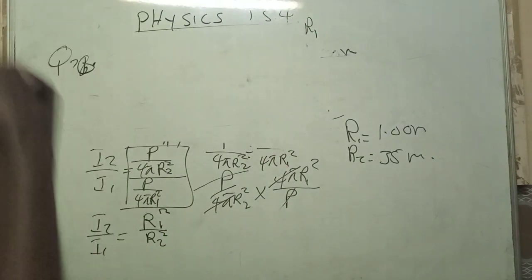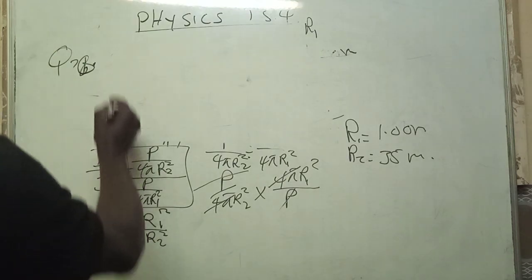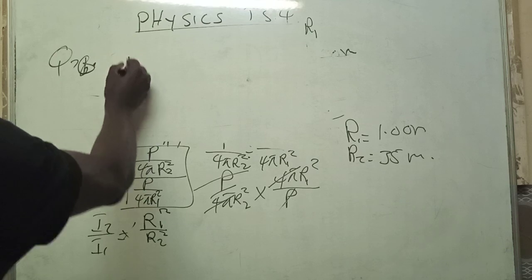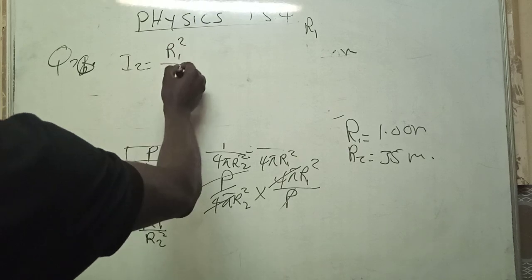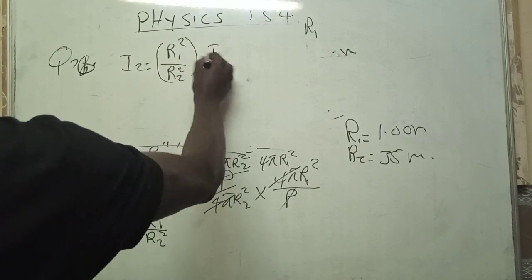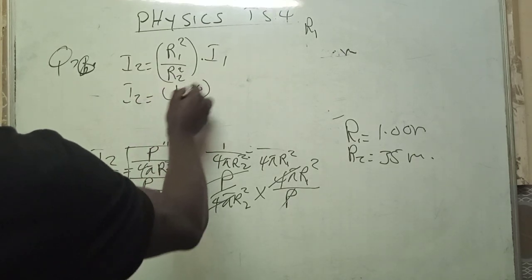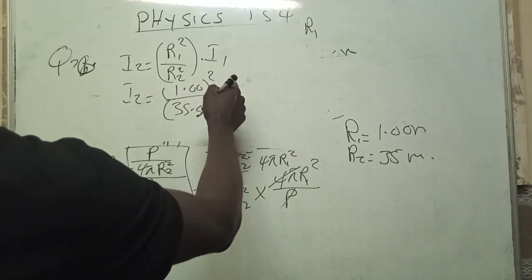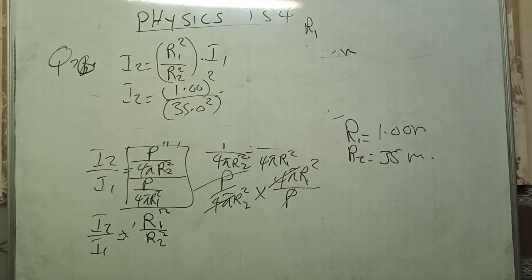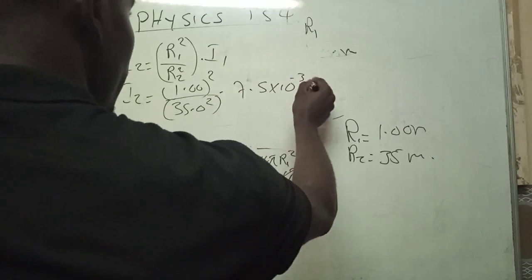Since I want to find intensity 2, I'm going to cross multiply, and I'm going to have intensity 2 equal to R1 over R2, squared, times intensity 1. I plug in the values. My R1 is 1.00 squared over 35.0 squared, times the intensity which we have been given, 7.5 times 10 to the power -3.